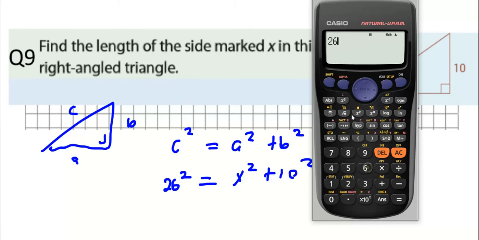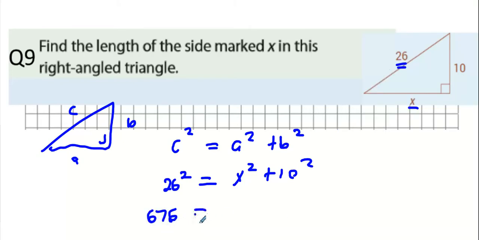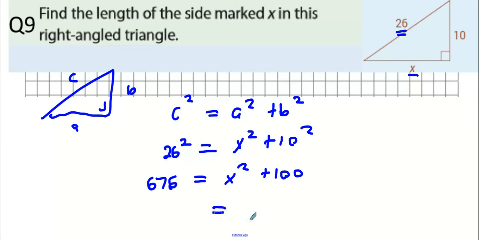26 squared in the calculator is 676, and that has to equal x squared plus 100. Next thing we got to do is get the x squared on its own, so x squared, move the 100 over the other side, so you get 676, take away 100. And now we have 576 equals x squared.